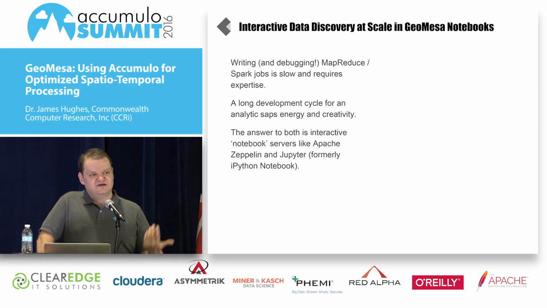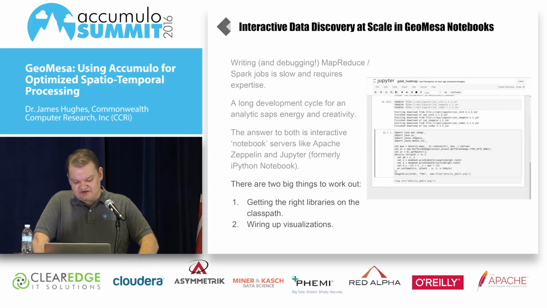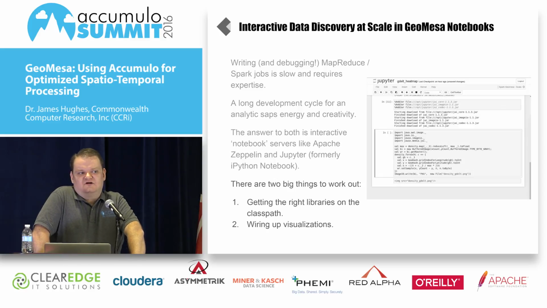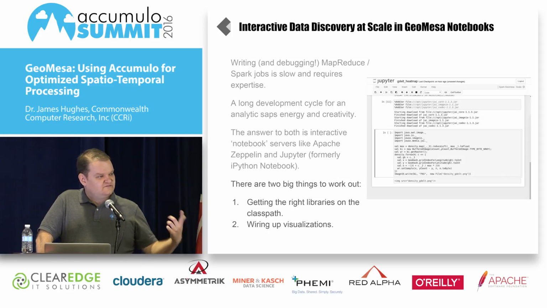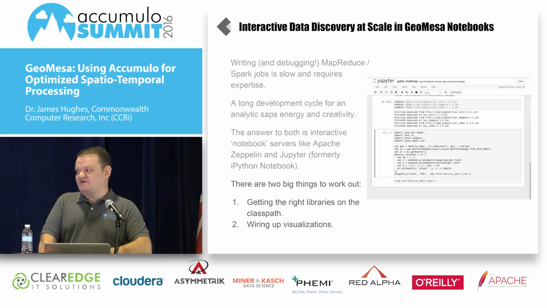It takes some time, it's pretty challenging sometimes, and it can really sap the life out of you. So the answer to this is these notebook servers like Jupyter and Zeppelin. There's already Spark 1 and Spark 2 support for Jupyter. So again, if we line up the pieces so that we can see the visualizations in the notebooks, if we line up the class path, we're going to be off to the races. And we've had a chance to work some of that out with GeoMesa this summer.